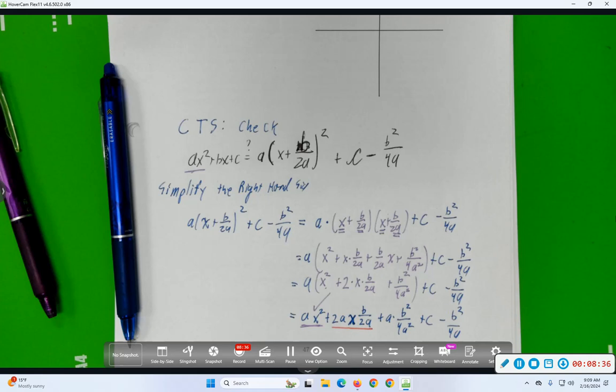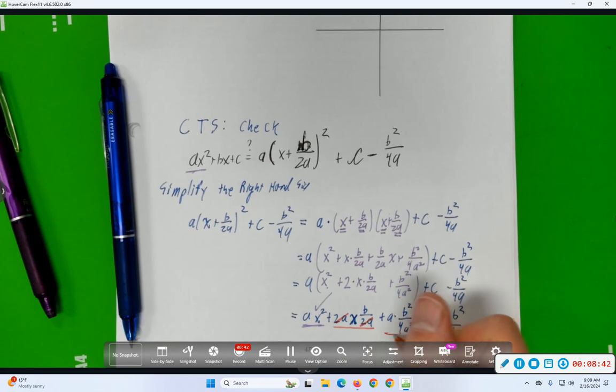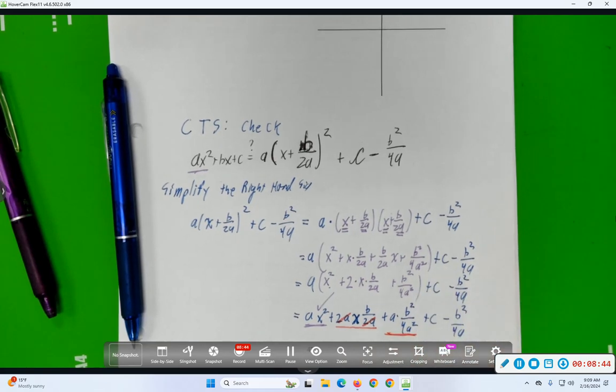The 2a. Multiply by 2a and then you divide by 2a. Those will cancel. How about this piece? Yeah. The a will cancel with one of the a's in the a squared.